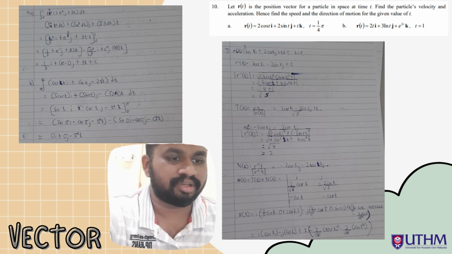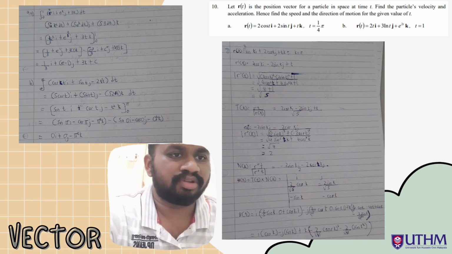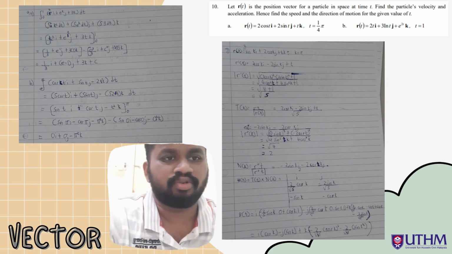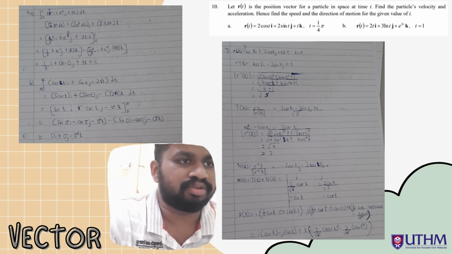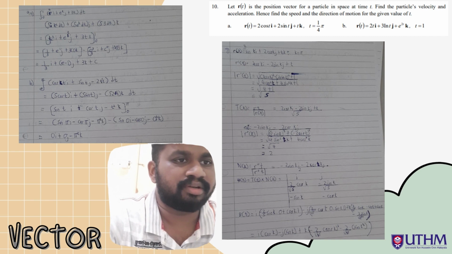Now look at question A. The solution for question A is, you have to write 2 cos t i plus 2 sin t j plus t k, t equals 1 over 4 pi. So differentiate, r prime equals negative 2 sin t i plus 2 cos t j plus 1 k.